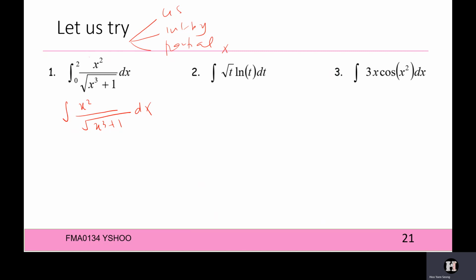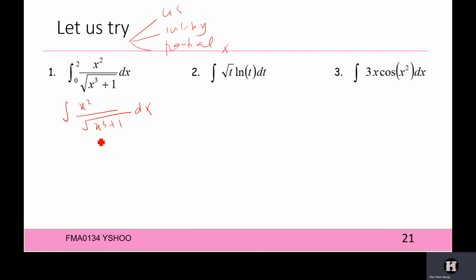If not, you only have x cubed plus 1, or you can choose x cubed. It's up to you, it doesn't matter. Because substitution is flexible, you can have many ways to substitute. But for this question, it is not suitable to bring the square root together, because we don't want it to be troublesome.